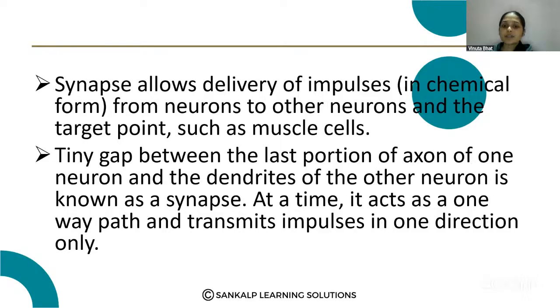The tiny gap between the last portion of the axon of one neuron and the dendrites of the other neuron is known as the synapse. At a time, it acts as a one-way path and transmits the impulses in only one direction.